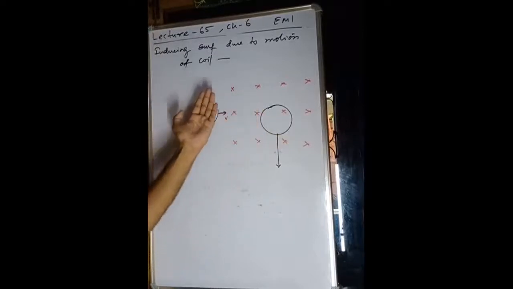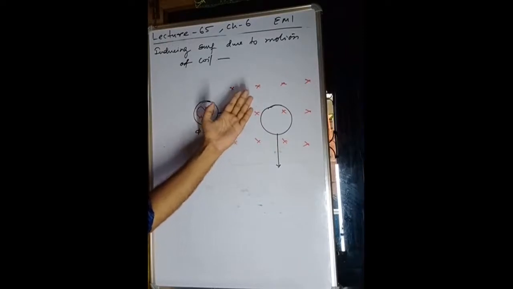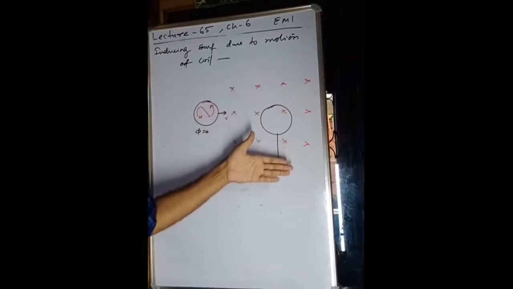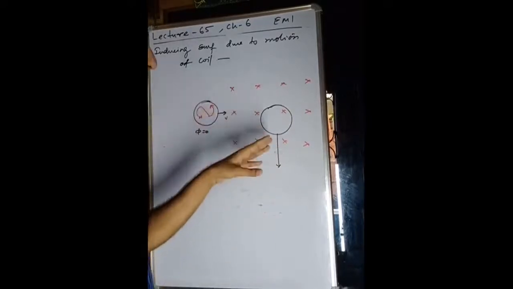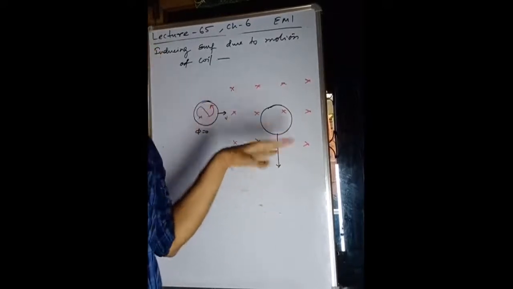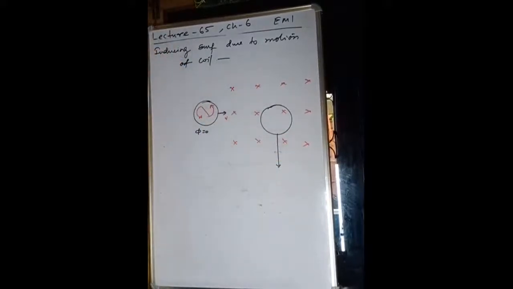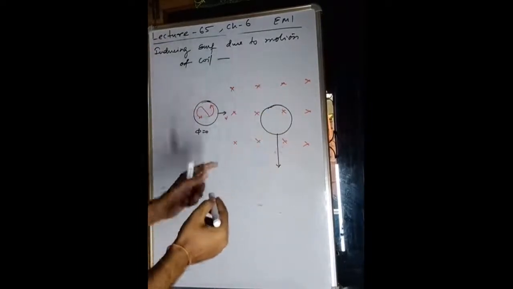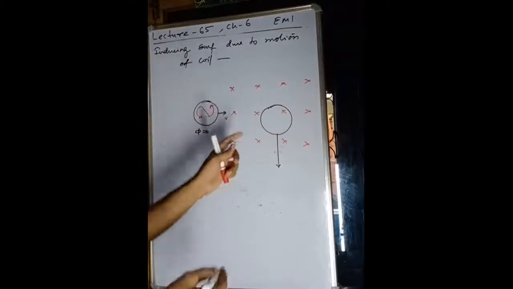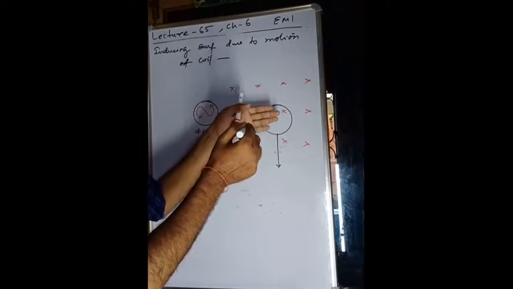As it moves into the field, the flux will increase. As it moves outside the field, the flux will decrease, and in both cases the EMF will be induced. But while it is moving inside the field, there will be no change in flux and no EMF will be induced. Now here, this coil is moving out of the field. Which pole was this? If the magnetic field is into the board, of course we have the north pole. And is the flux decreasing or increasing?